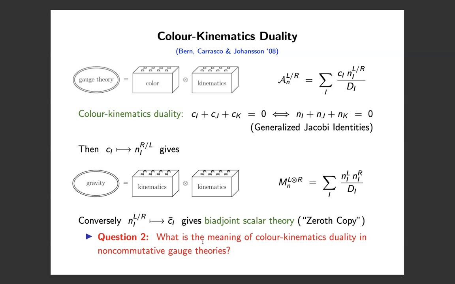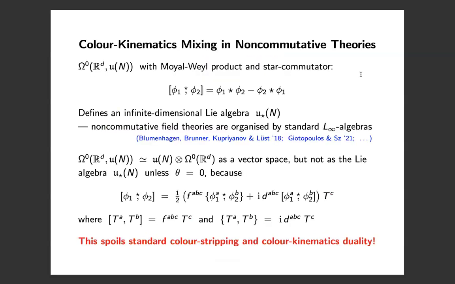You might wonder, why is there anything to ask there? The point is that what we assumed up here is that we could factorize the color factors from these kinematic factors. So there's this color stripping that we did. And this is the problem. So let me try to explain that a bit here.